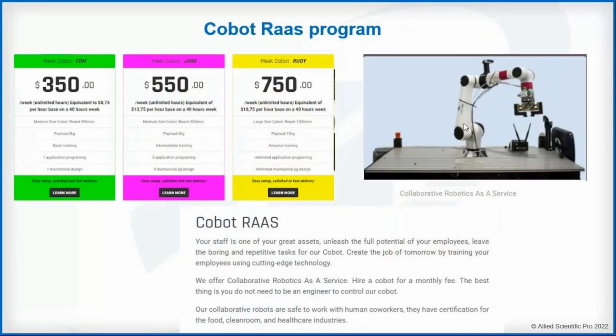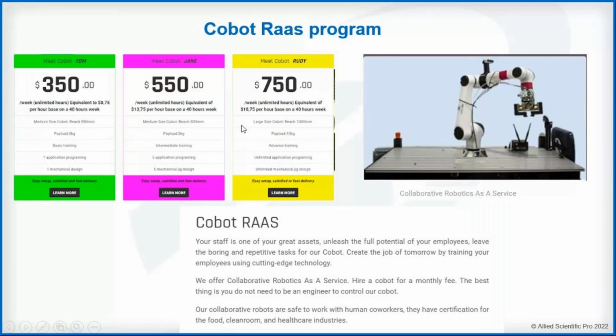We also have the Cobot RAS program, collaborative robotics as a service, which we basically lease at these rates, and you have Tom, Jane, and Rudy, and they're capable of carrying different amounts of load.